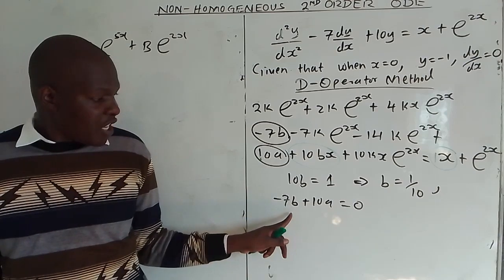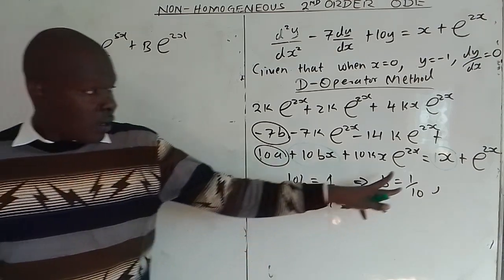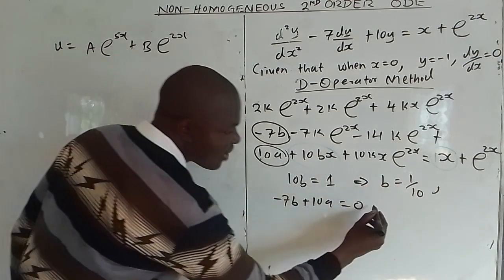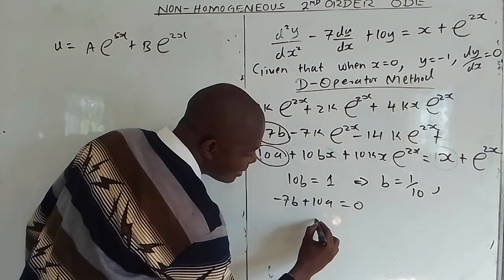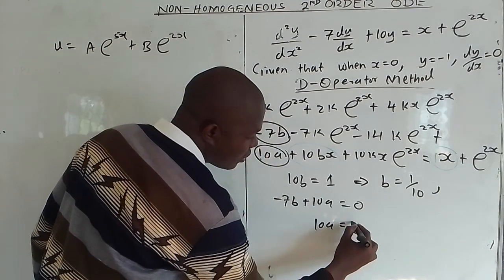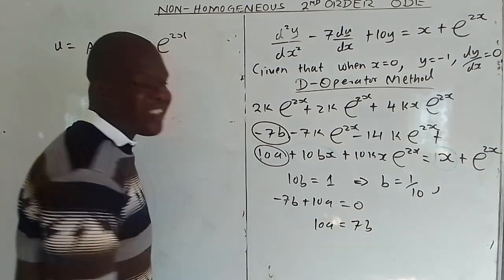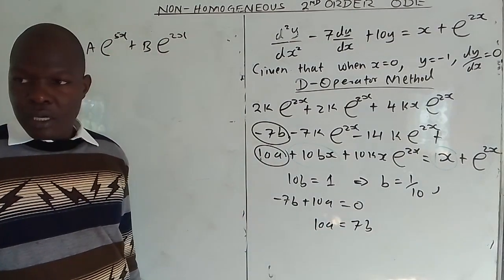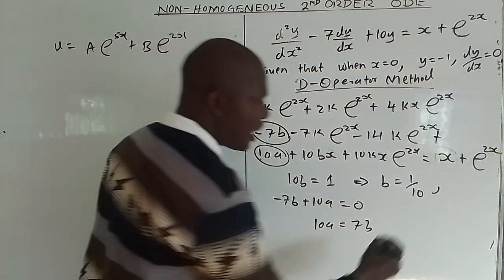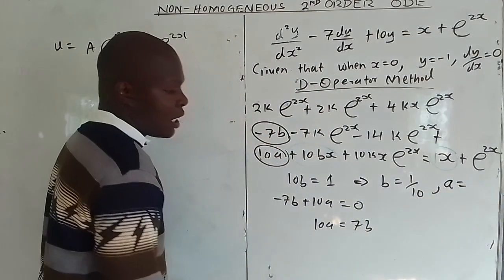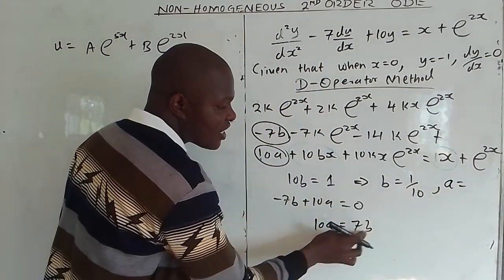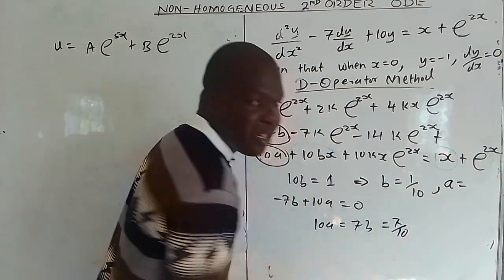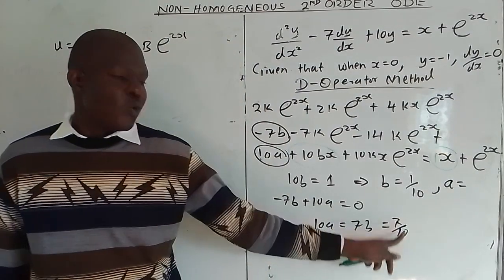You found b to be 1 over 10. If you take this to the other side, you get 10a is equal to 7b. Negative 7b going to the other side is positive 7b, isn't it? Are we together? So what is a? Where there is b, put the value of b. 7 times 1 over 10 is 7 over 10. So 10a is equal to 7 over 10.